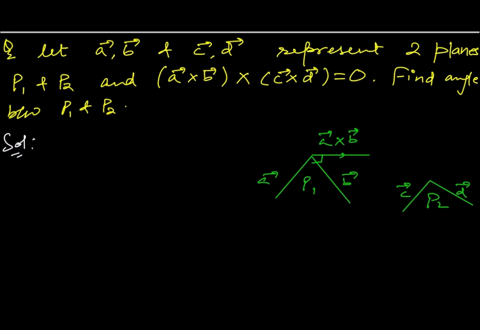Similarly, C cross D is a vector perpendicular to plane P2, right?